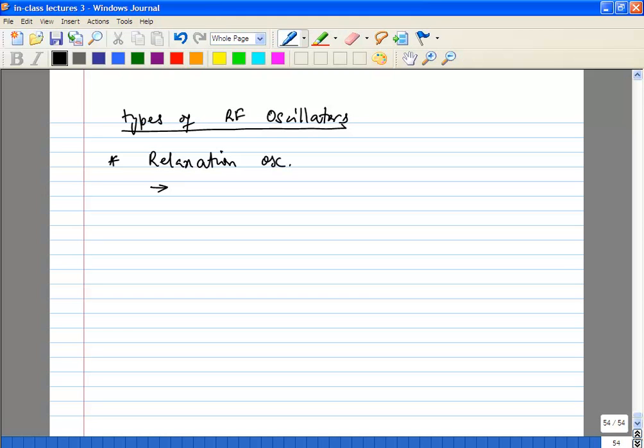Remember, your LO signal ideally you want to be a delta function, a pure cosine. Unfortunately, these types of oscillators have noise that is too high to be useful in RF transceivers. So we are not going to concentrate on them.